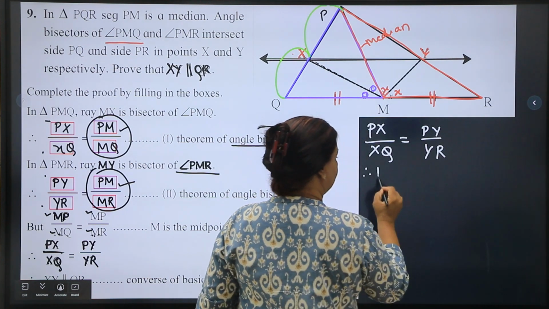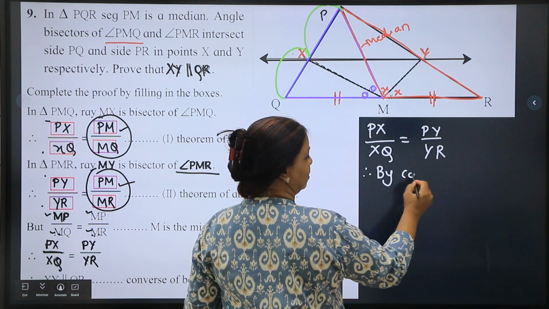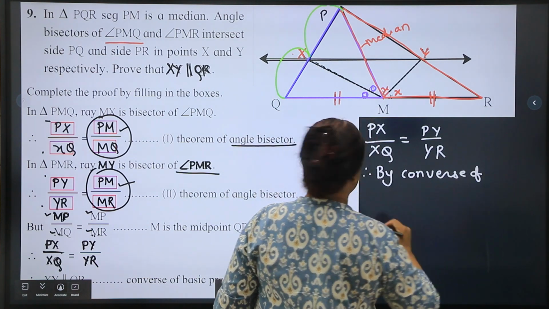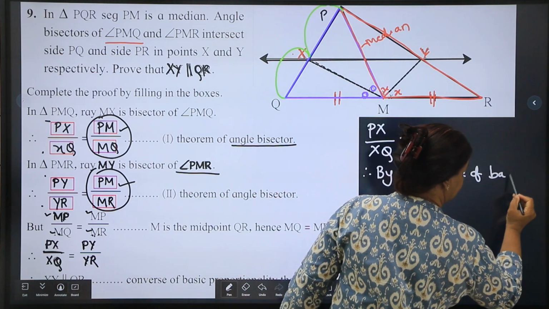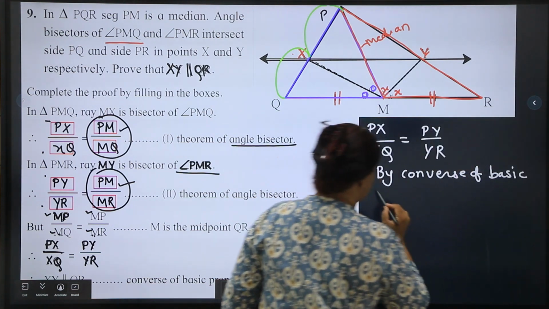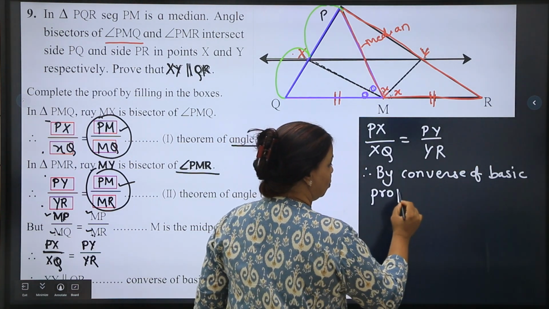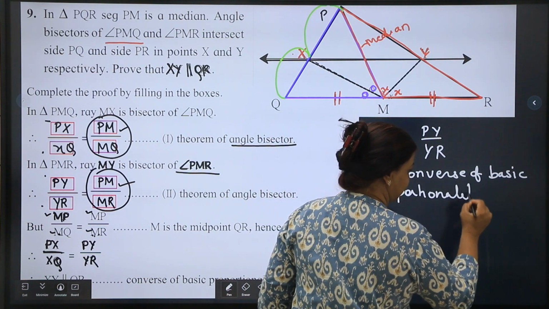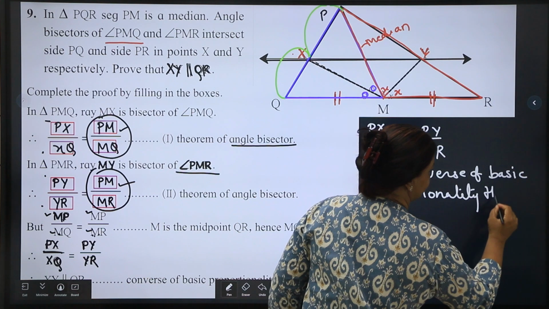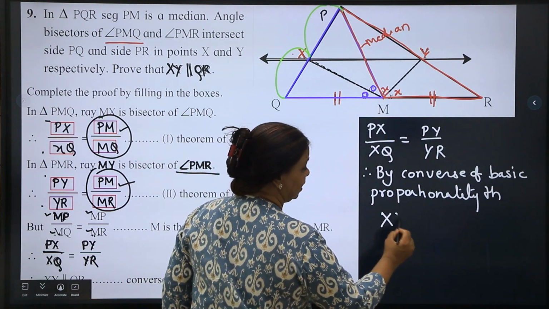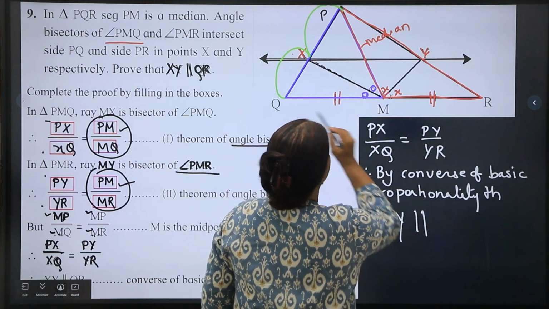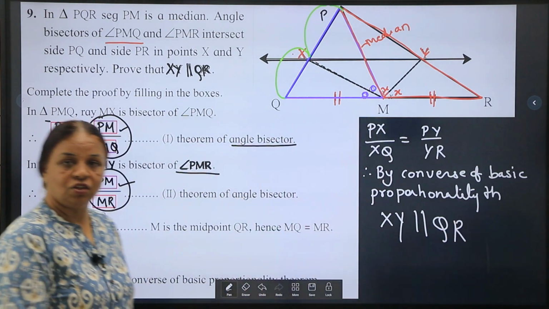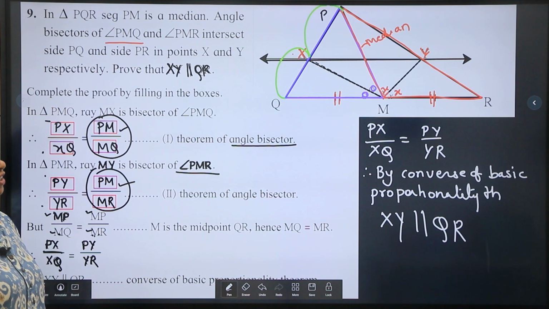Therefore, by converse of basic proportionality theorem, line XY will be parallel to line QR. You can pause and you can solve the sum, children. Let's move to the next question.